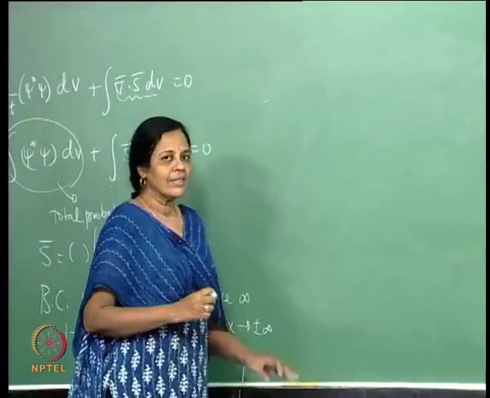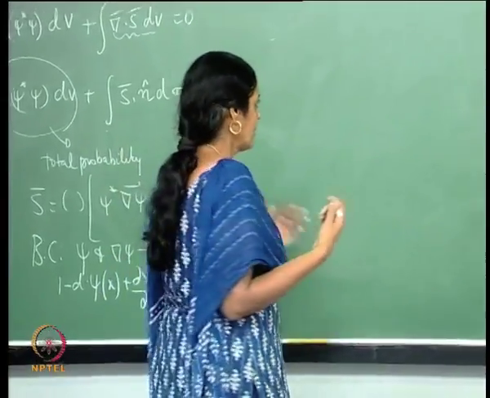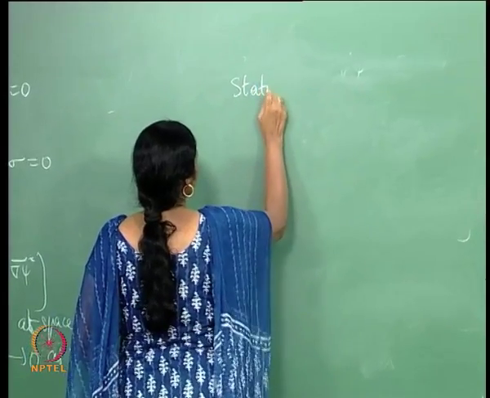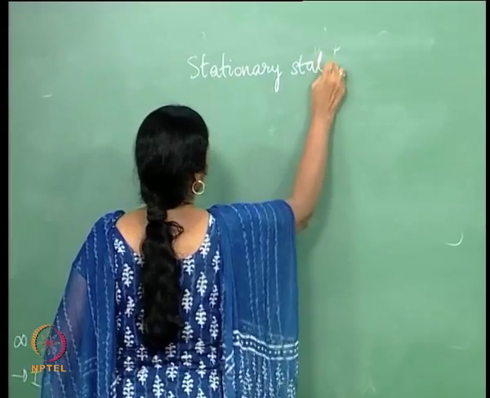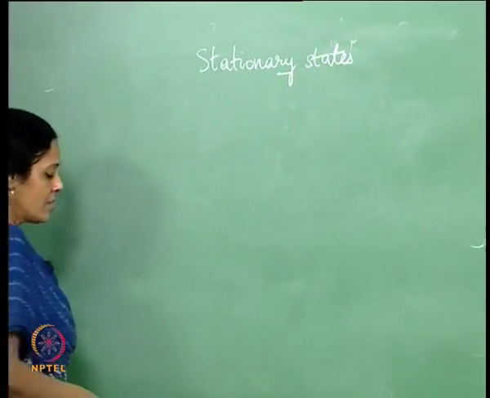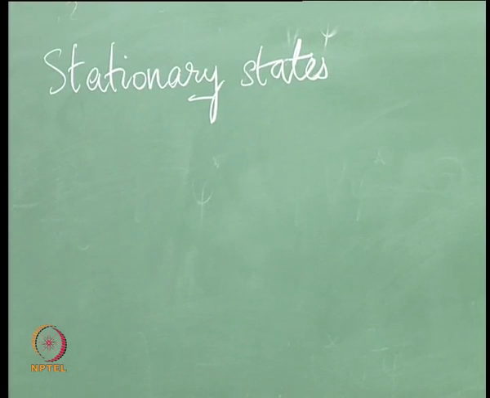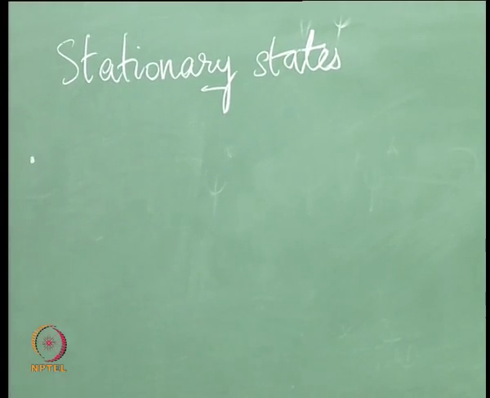We understand that if the potential is time independent, as is the case that I have been considering, there are some very interesting states called stationary states. Stationary states, or wave functions which represent stationary states of the system, satisfy the following property.